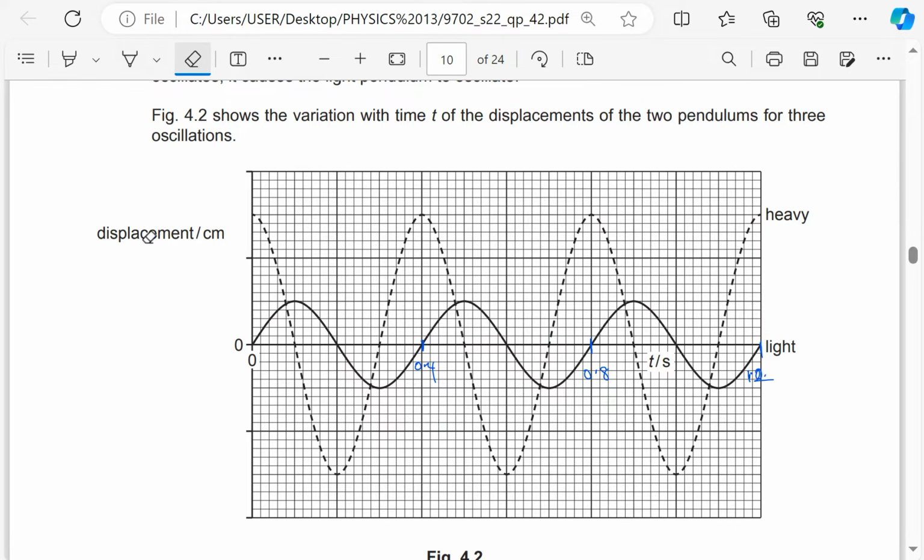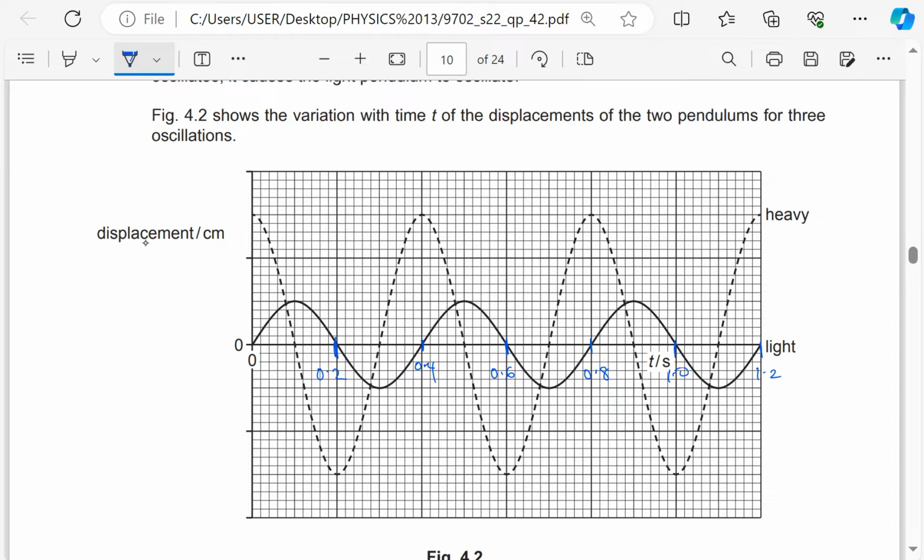I'm just going on adding 0.4. So here I'll put 1.0, here 0.6, and here 0.2. So 0.2, 0.4, 0.6, 0.8, 1.0, and 1.2.